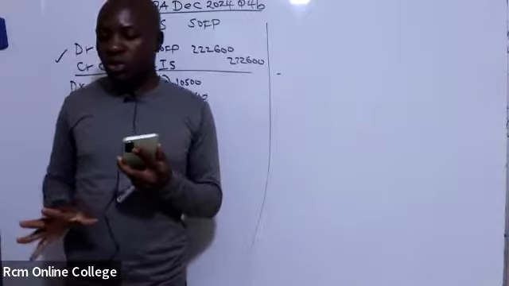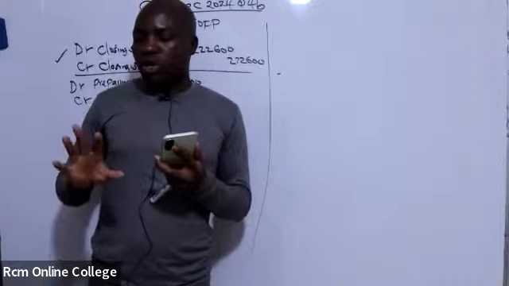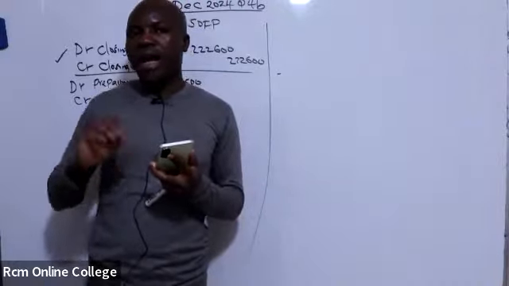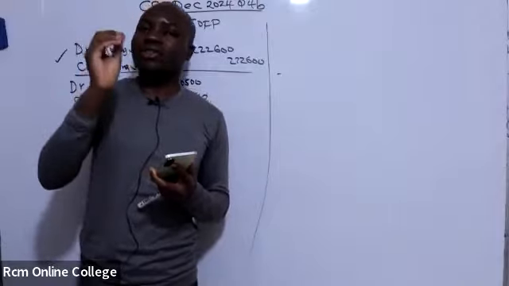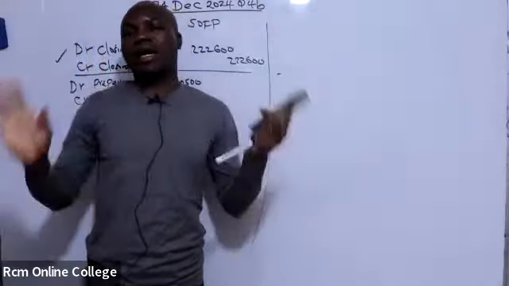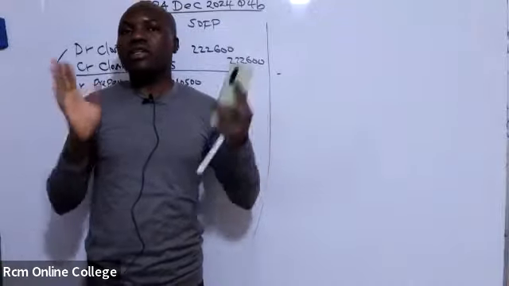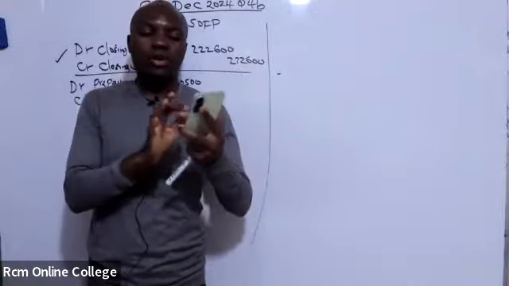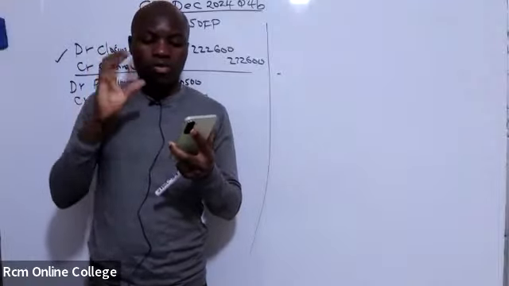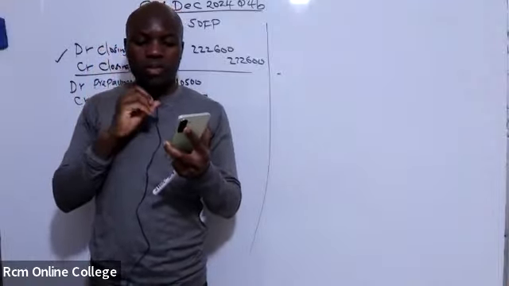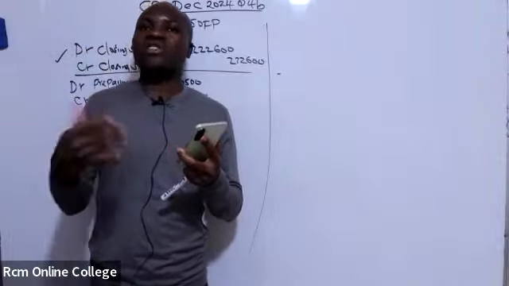In our question, we don't have an existing electricity expense account. The electricity expense is part of the general expenses. That is why it has been put there. Now, the main thing we are going to focus on here is the liability, the outstanding.